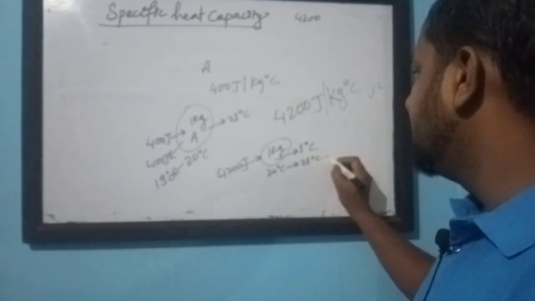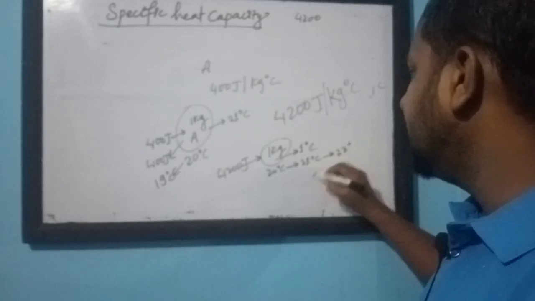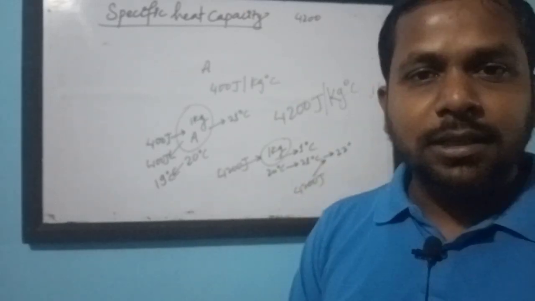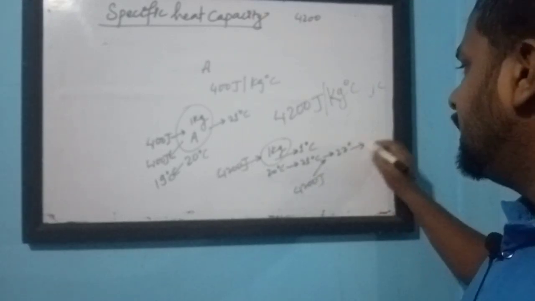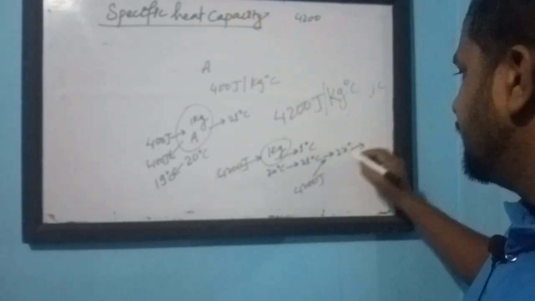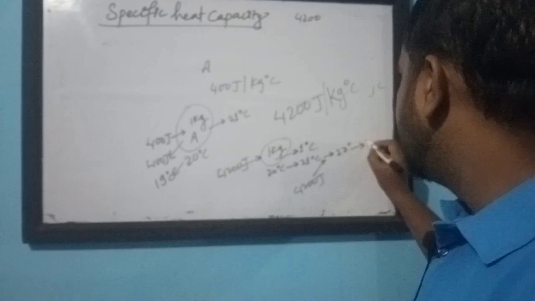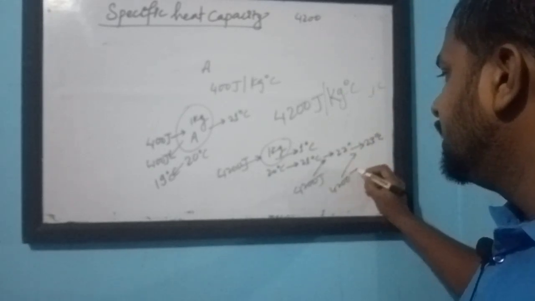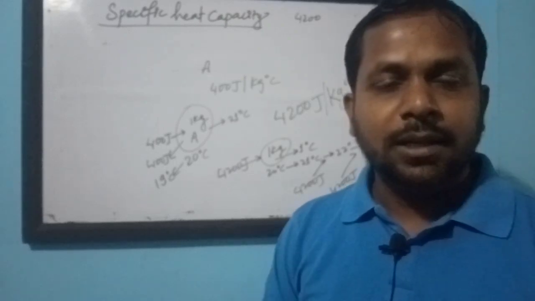To make it 22 degrees Celsius, again we have to supply 4200 joule. To increase it to 23 degrees Celsius, again we have to supply 4200 joule of heat energy.